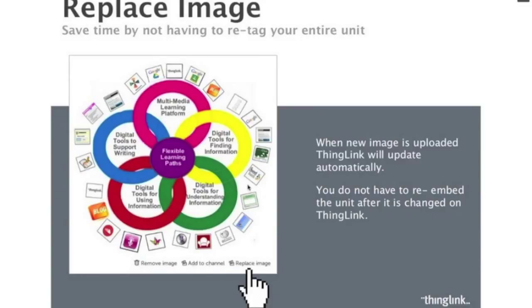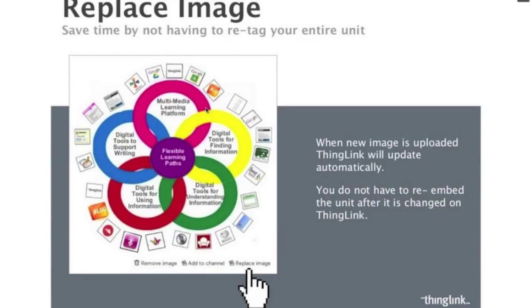It took a while. I still did it because it was worth it, but now all I have to do is recreate the base image. And by that I mean I would take my eraser tool and I'd erase this tool and I'd put a new one up there. So I have to recreate that, and then I can replace the image by clicking on this button, and boom, it appears in ThingLink. All the links to everything are still intact.